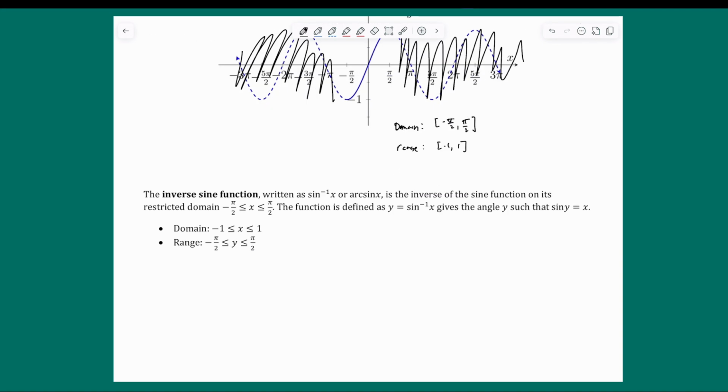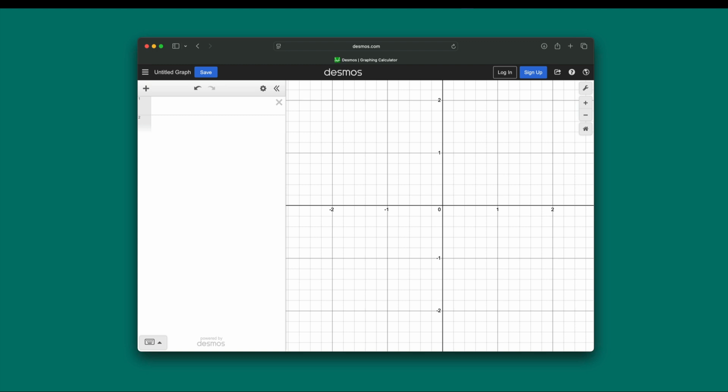Okay, so let's go ahead and take a look at the graph of the sine inverse function. And so here I'm going to go ahead and type sine inverse of x. And you can see this is the red graph that you see here. And that's the sine inverse function. How does it compare to the y equal to sine of x?